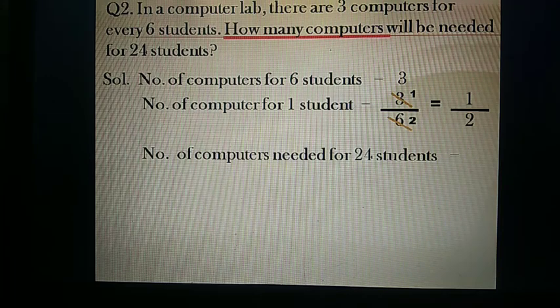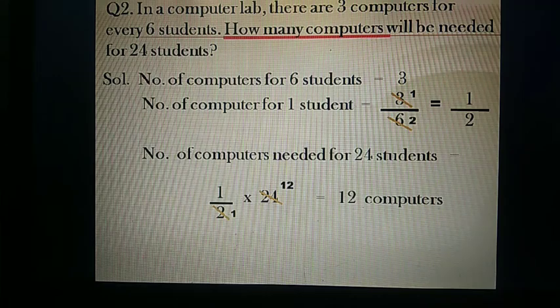From 1 we have to move to many. We will multiply 1 by 2 multiply by 24. Fraction multiply by whole. Find the common factor. We will cancel 2 ones are 2, 2 twelves are 24. And yes, you are left with 12 computer. This will be your answer.